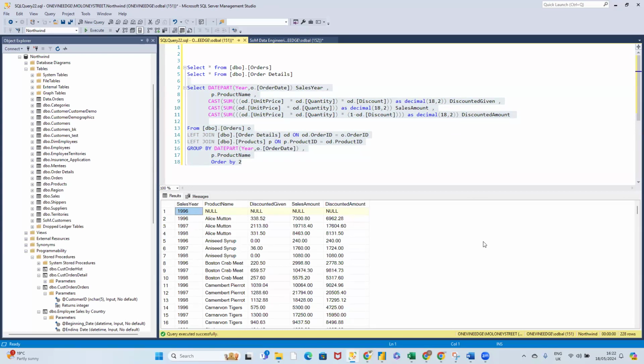Any other questions? You can remove the null sets in it. Yeah, I can remove the nulls if I want. I can just say here where, it's even simple. Product name, yeah. Discount given.